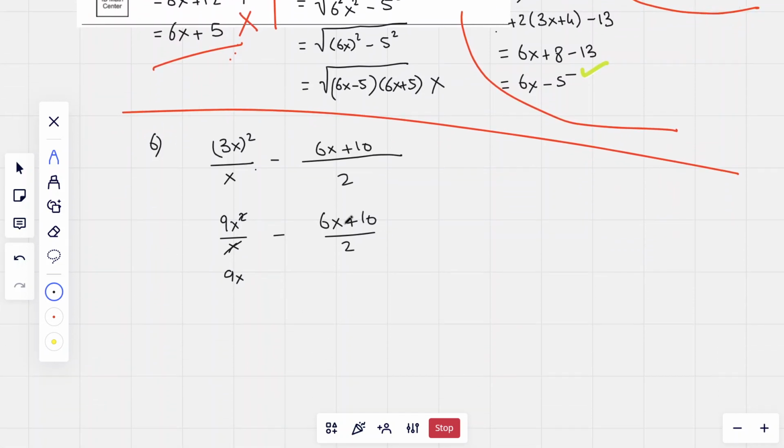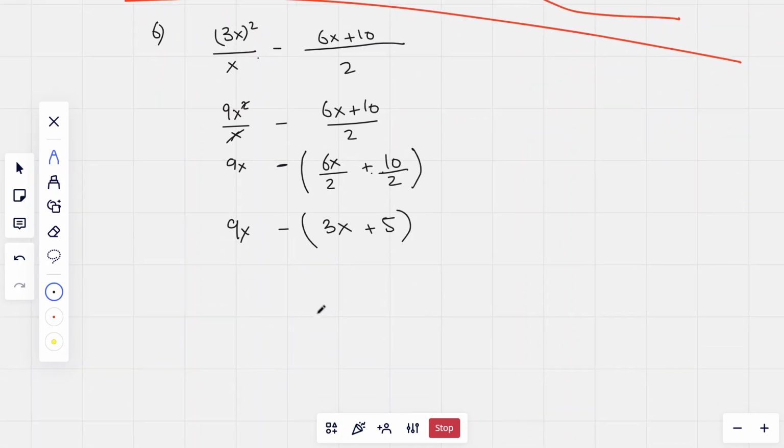And that is, we've got a negative sign here, and then we've got a fraction. So we're going to break down this 6x plus 10 over 2 into 6x over 2 plus 10 over 2. So 9x negative, in brackets, 6x over 2 will give us 3x, and 10 over 2 will give us 5. Why did I put a bracket here?